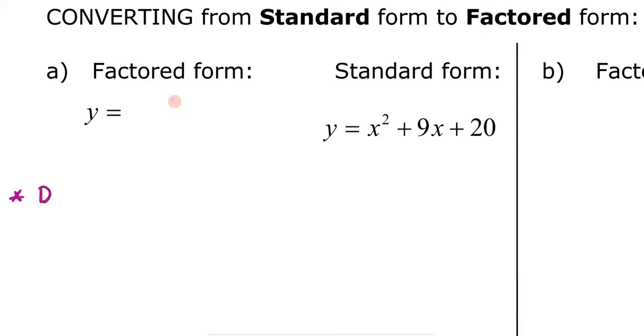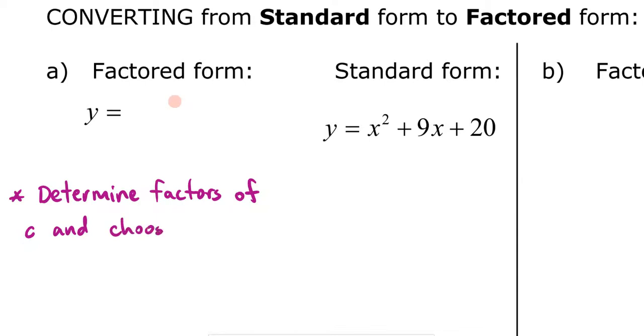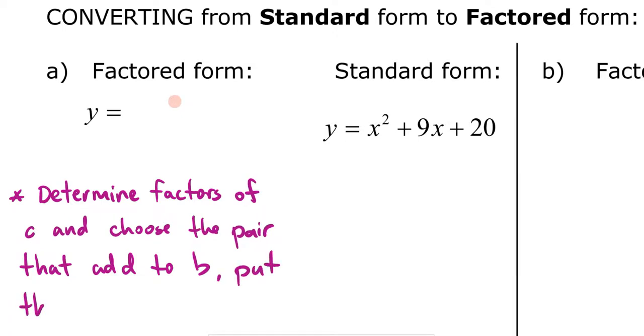What we're going to do is determine factors of C and choose the pair that add to B, and then put those numbers in brackets.